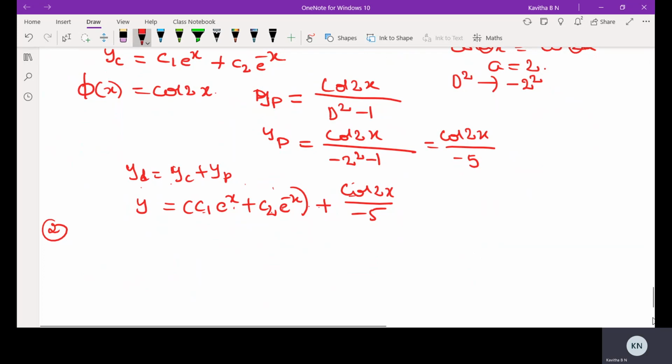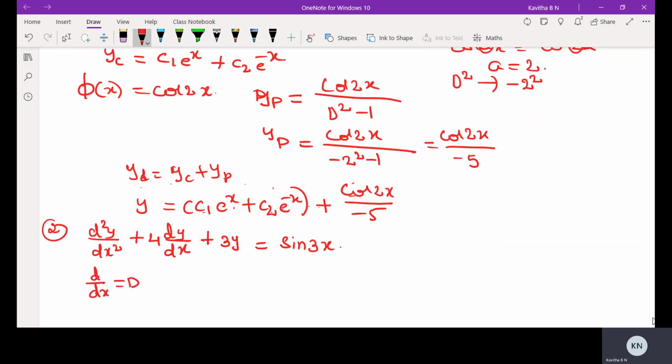Take down the next problem: d square y by dx square plus 4 dy by dx plus 3y is equal to sin 3x. We know that d by dx is equal to capital D, and d square by dx square is capital D square.